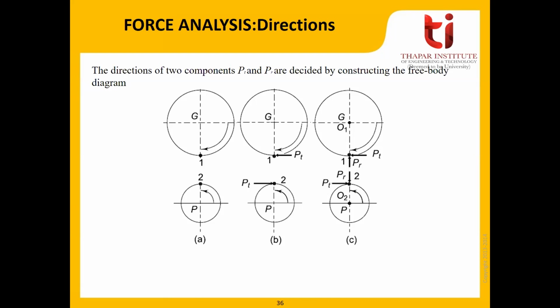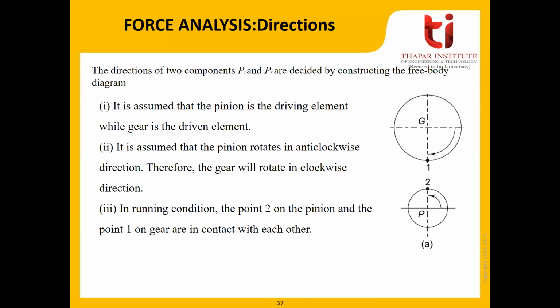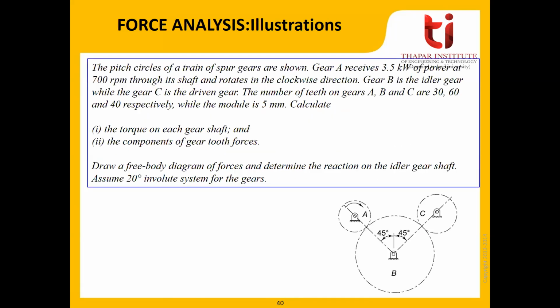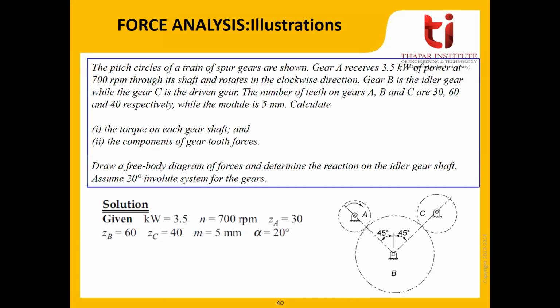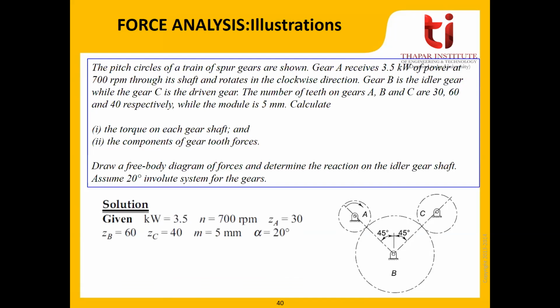And similarly, you can decide the direction of PT and PR on the driven. Similarly, according to Newton's third law, you can decide the direction of PT and PR on the driver. So these are the points we have already discussed. In this force analysis, you can go through this numerical, right?